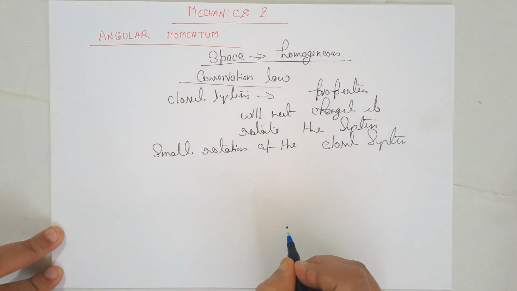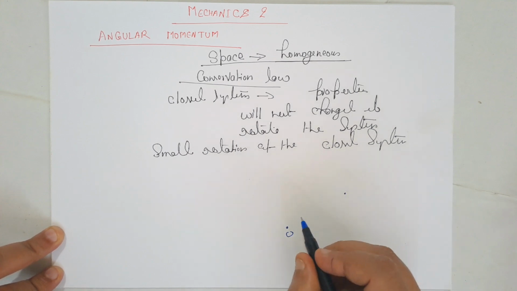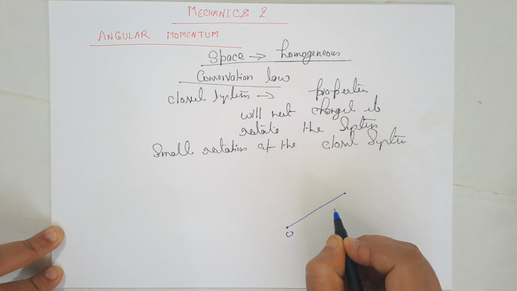This is the origin O, and there is a particle which is rotating, and from O to P is r.